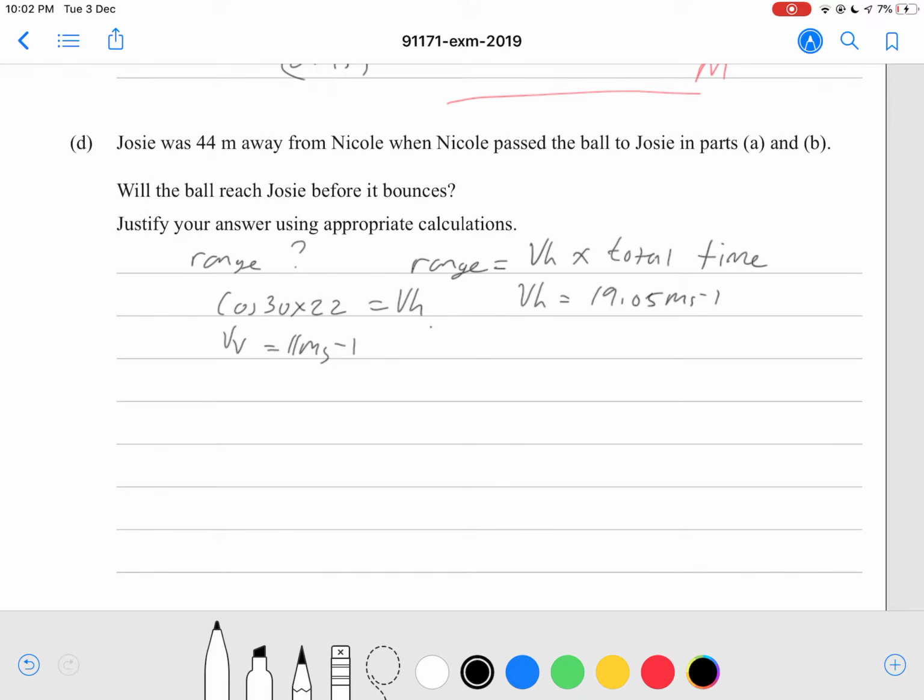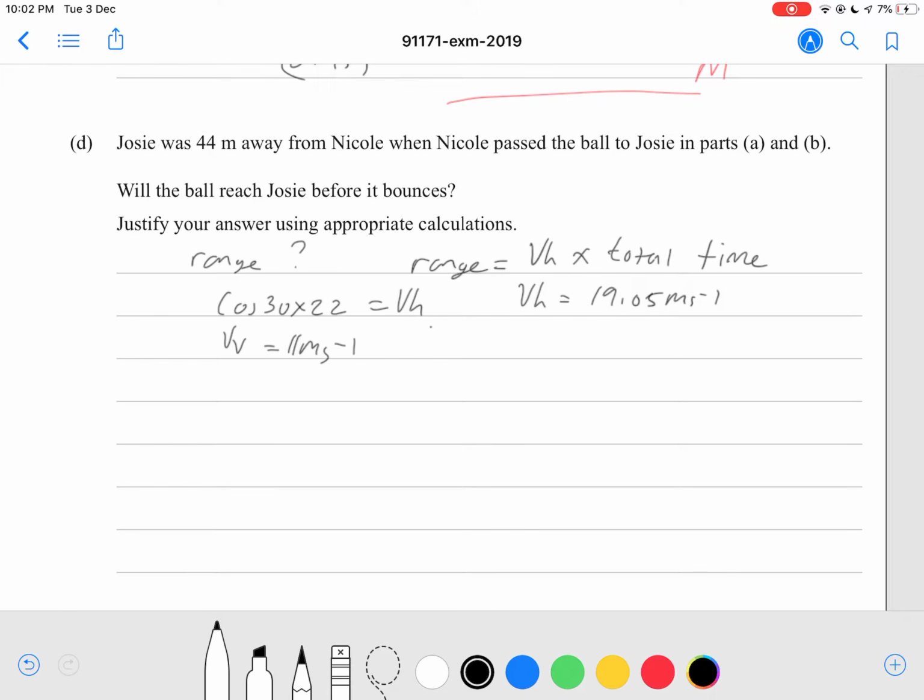Now that we have our VH, we're going to be relying on finding the total time of the flight. This ball follows projectile motion, which means the first half of the flight will take exactly the same time as the second half. So it's a symmetrical parabola. We're going to use the equation of motion to find how long it takes for the ball to reach maximum height.